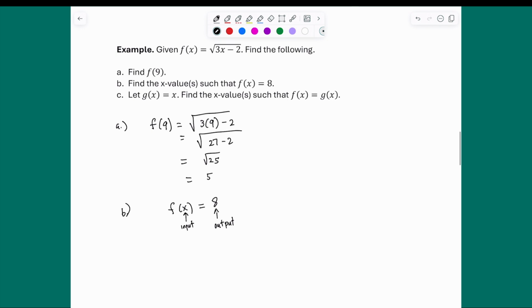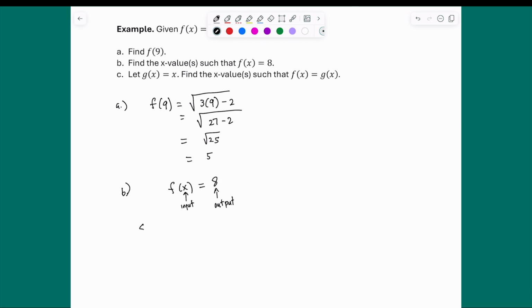And so if this is the case, what we're doing here is essentially solving the equation, whatever the function value is, and we know that it's the square root of 3x minus 2, which equals 8. And we would solve this equation by squaring both sides to get rid of the radical and then isolate x.